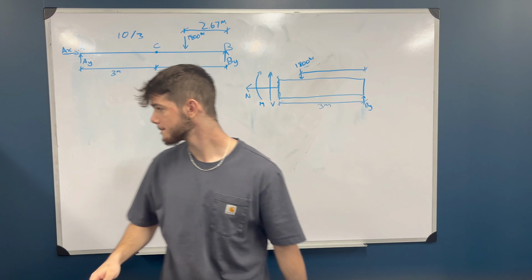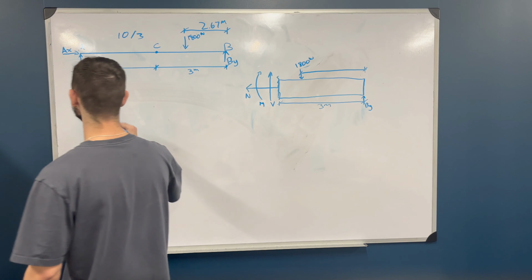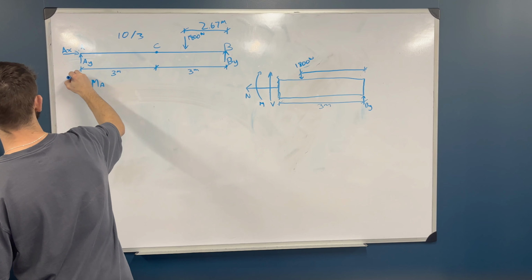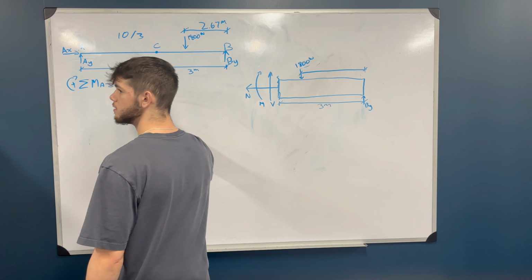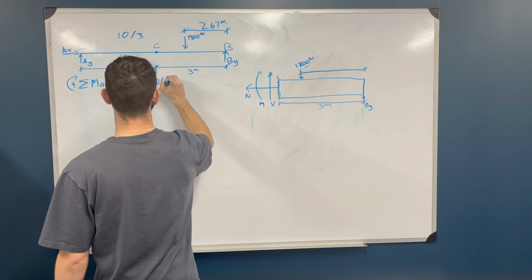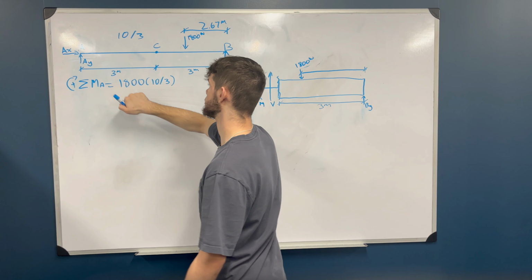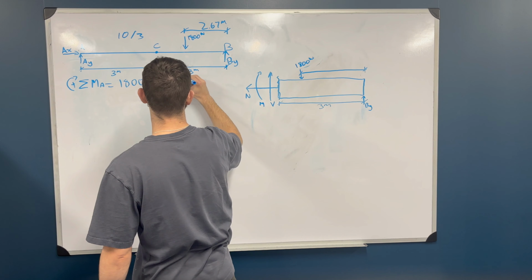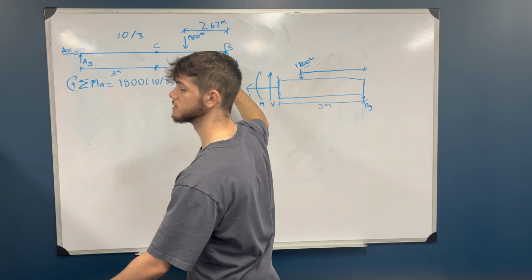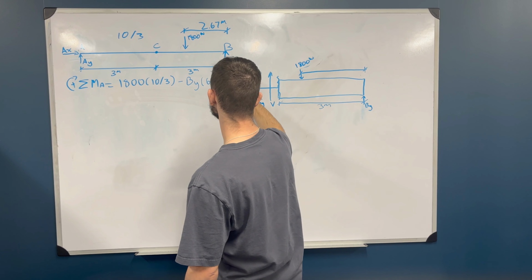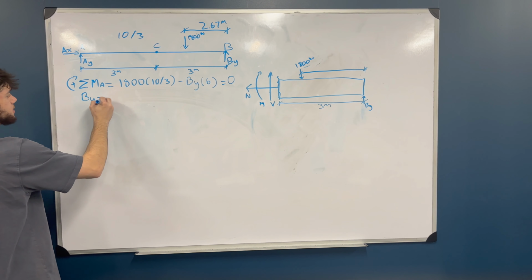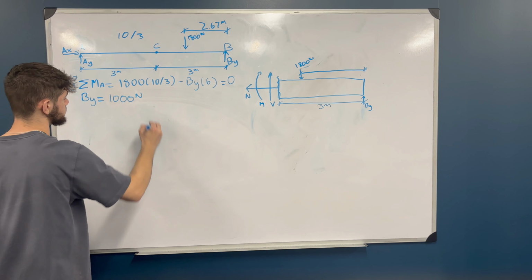Now we take the moment about A, using clockwise as positive: the force times the distance from A, minus By times 6 meters from A equals 0. Solving, By equals 1,000 Newtons.